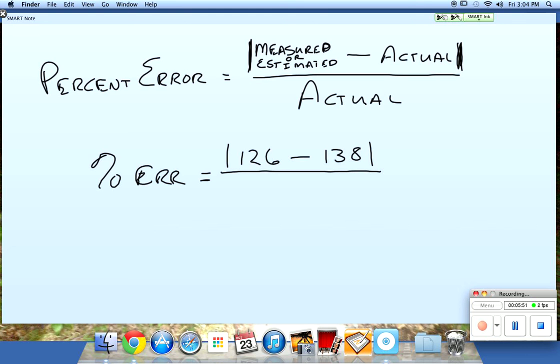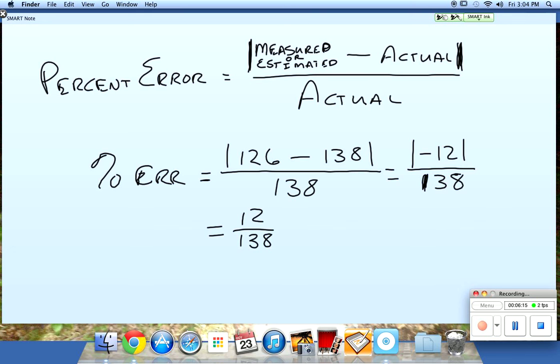We're going to divide by our actual amount, 138, with the absolute value of 126 minus 138, which is -12, divided by that 138. This is going to end up equaling 12 divided by 138. If you get out your calculator, you're going to find this is approximately 0.09.